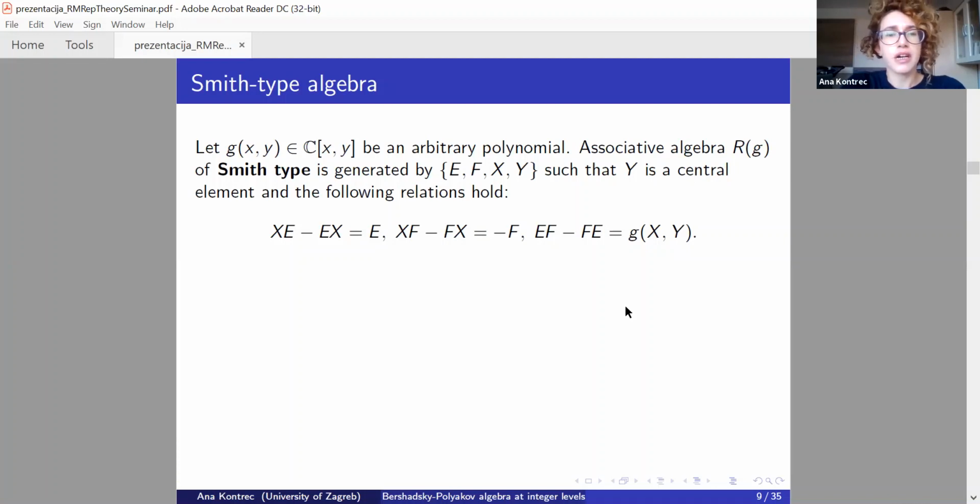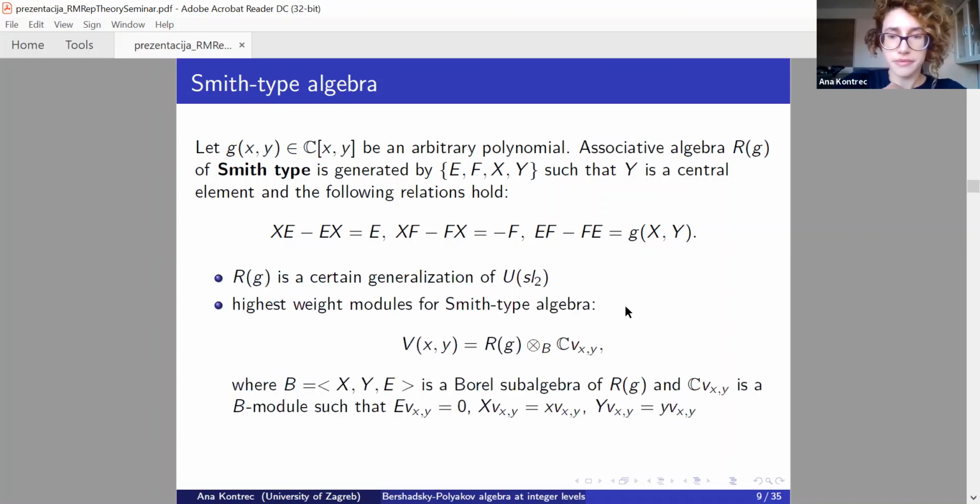These algebras are parameterized by the polynomial G. Okay, and we have these commutation relations.